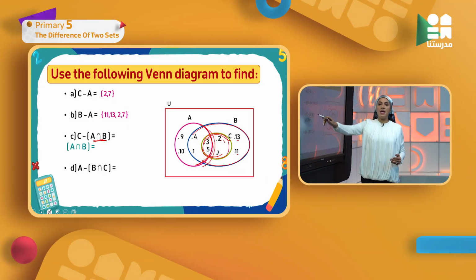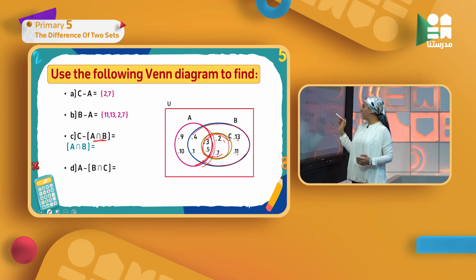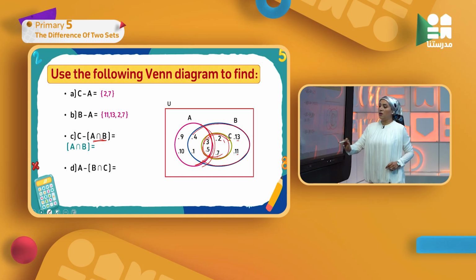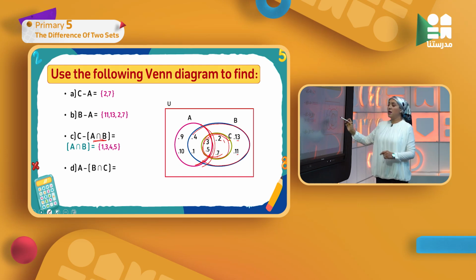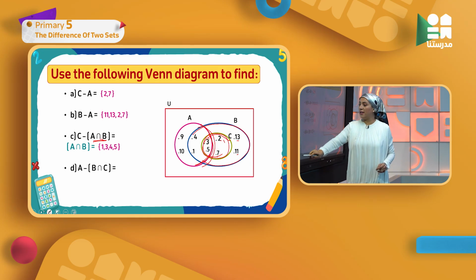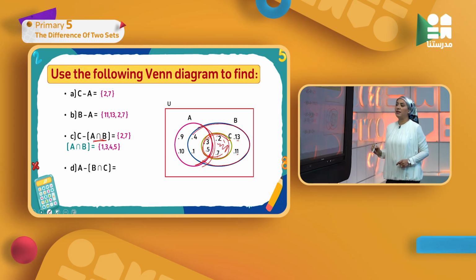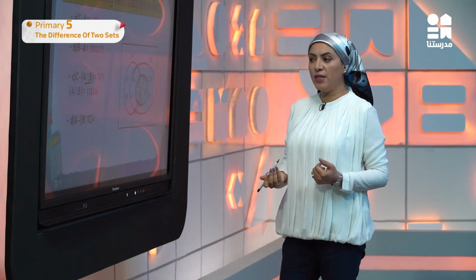Okay, so A intersect B, as you see, A intersect B in 3, 5, 4, and 1. So the answer for this part of the question will be 1, 4, 3, and 5. Then here, C difference my intersection in what? It will be C difference my intersection in 2 and 7, this part.